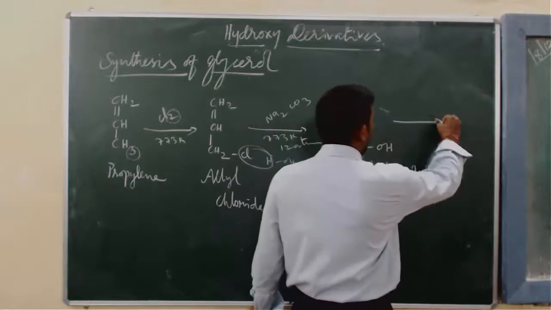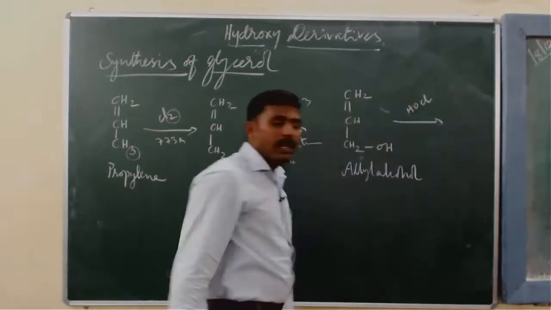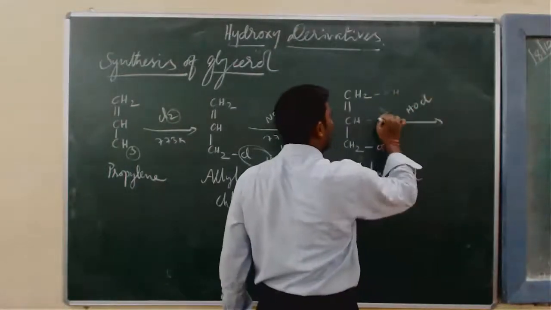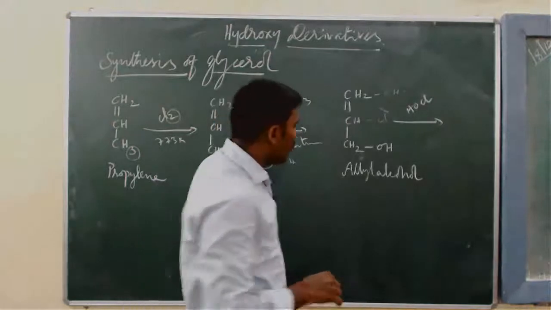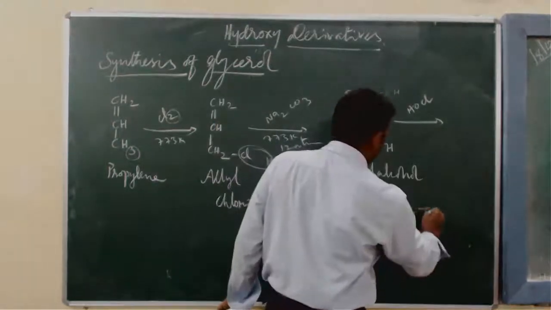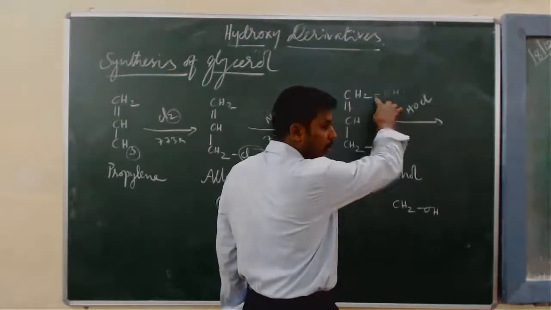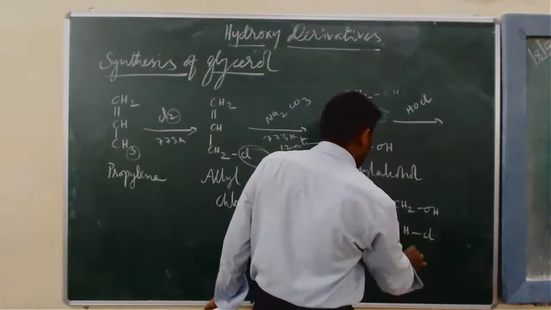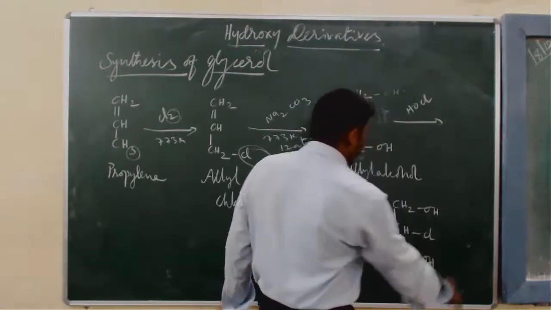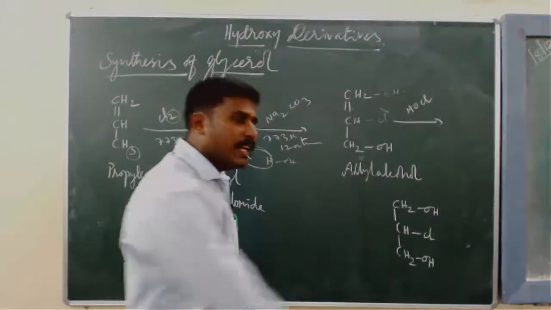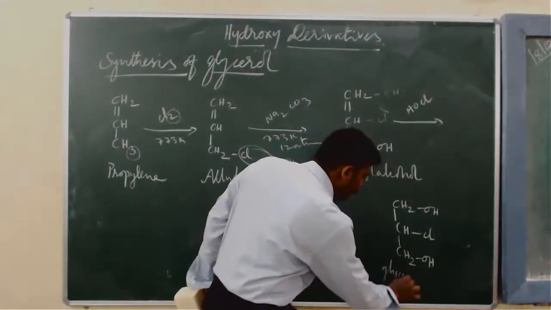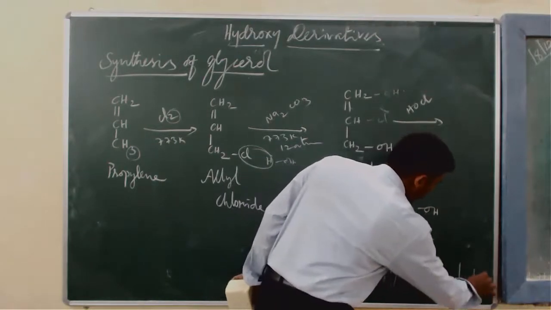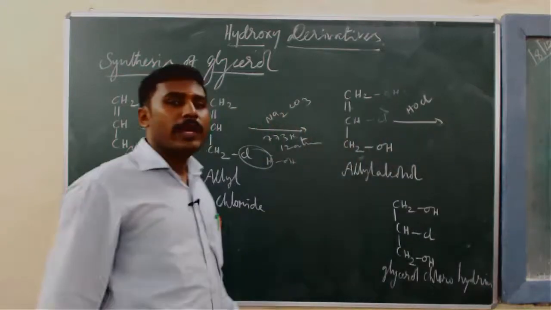Followed by hypochlorous acid, HOCl. Now listen ma, here HO, here Cl. So our product is CH2 bond OH, and this will go here to make a bond. So it becomes CH2 bond CHCl bond CH2OH, namely glycerol chlorohydrin.